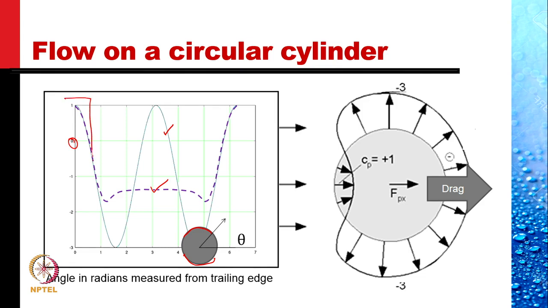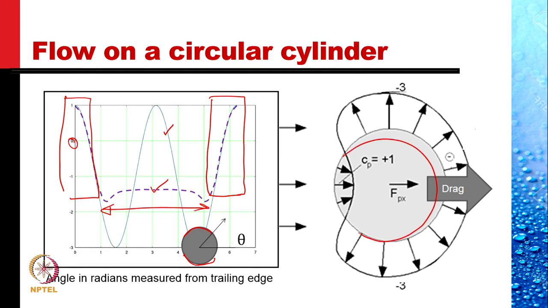You see, there is very good agreement at the nose, but very bad agreement over this region. Over this region, there is a good agreement, but over the rest of the region, there is very bad agreement.